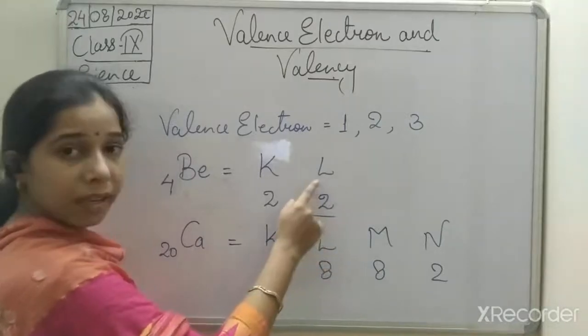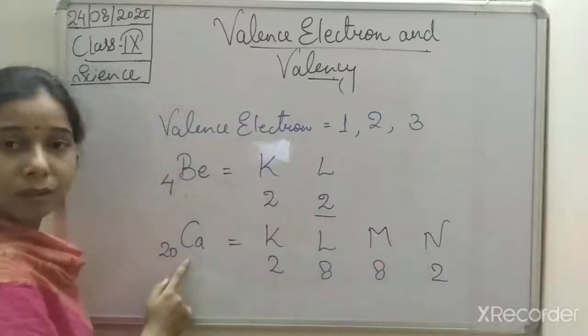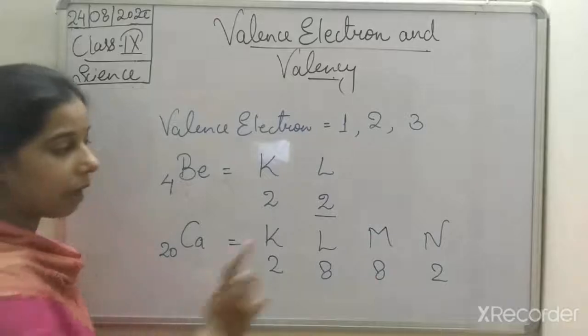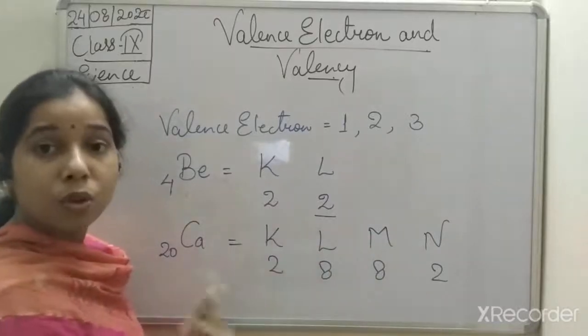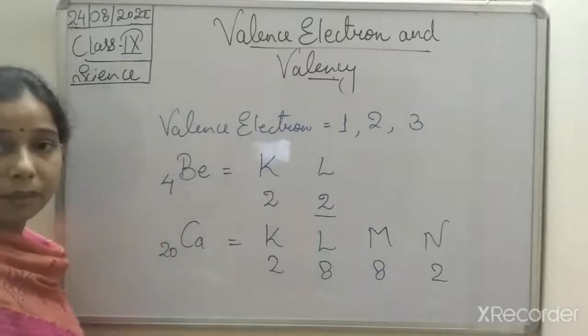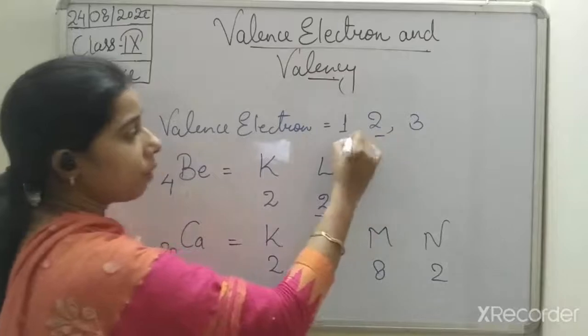Whether it is the L shell in the case of beryllium or the N shell in the case of calcium, in both cases the last 2 electrons enter the valence shell. So we will say that the valence electron of these 2 elements will be 2.